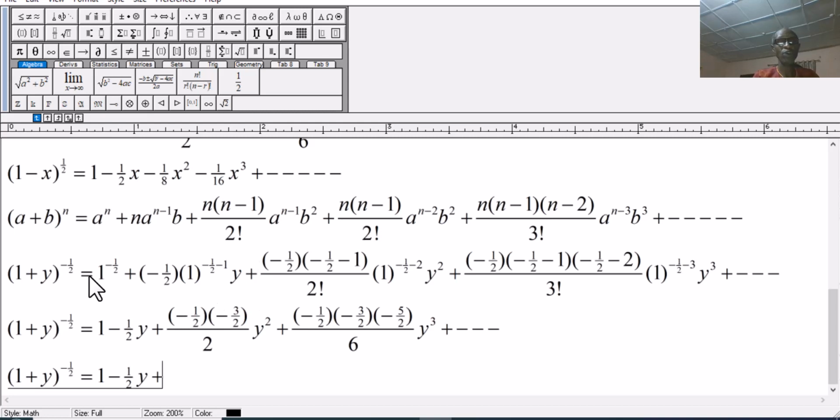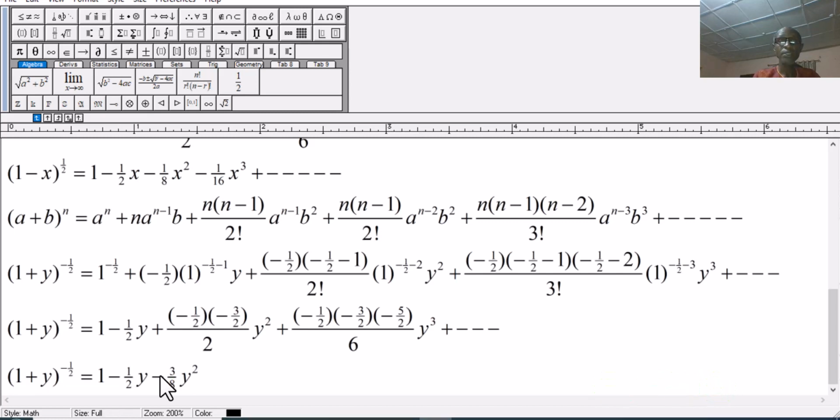I was supposed to have jumped these steps, but for the sake of our video, so that you can follow along and see how we get all the terms. I'm not trying to hide any of the secrets from you. So now this becomes minus 3/8 y squared.